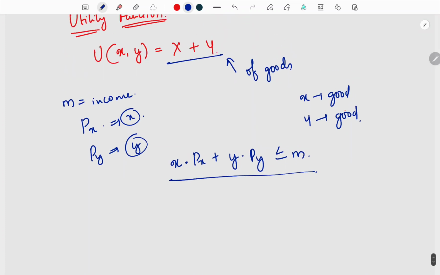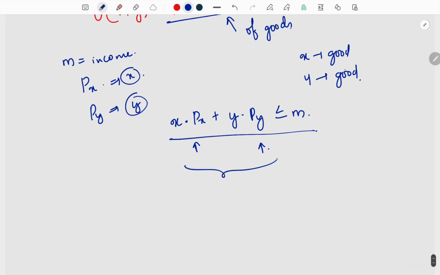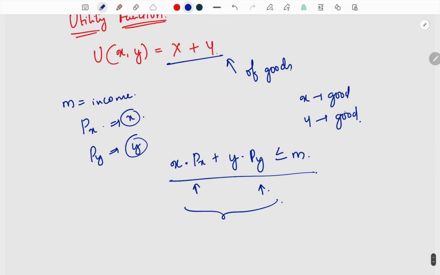Okay, and we got this budget constraint, and we got how many units of x and units of y he can consume, and it will be the total amount. But the thing is, he can consume goods within a given income, but we need to know whether he gets maximum satisfaction from consuming that amount of good.